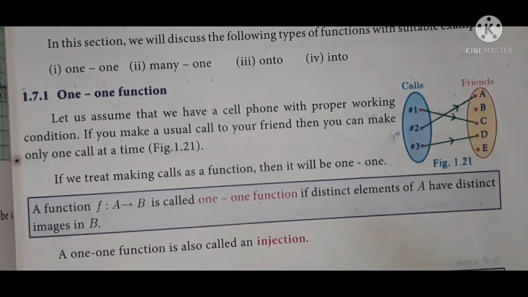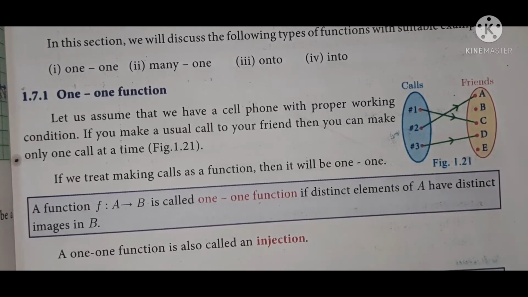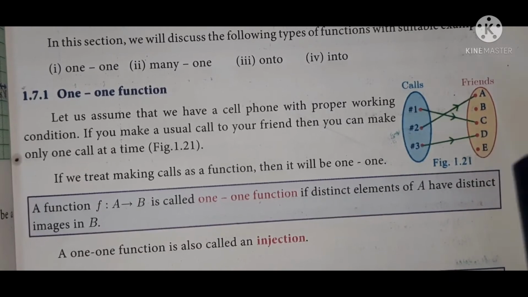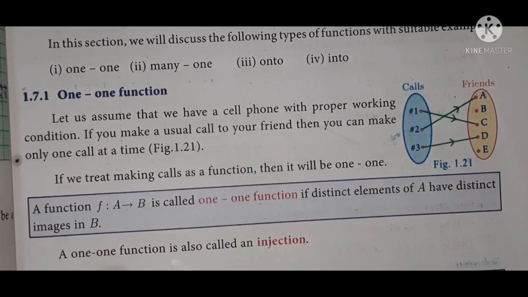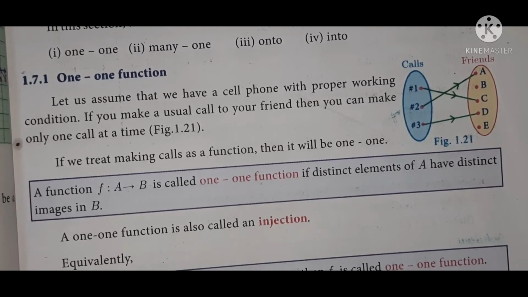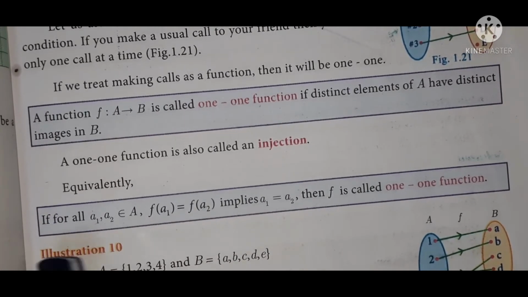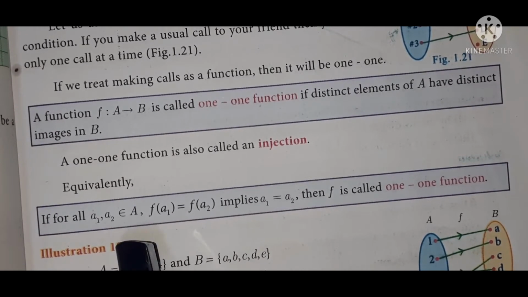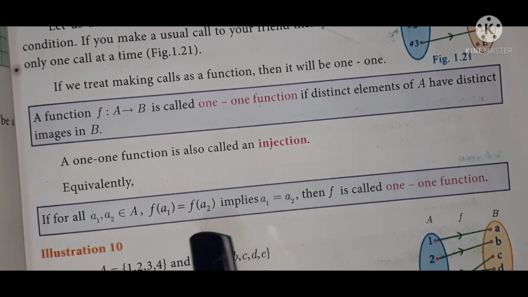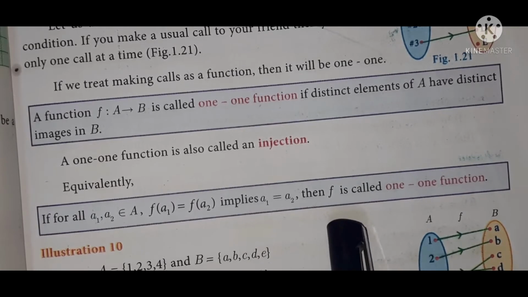In the second set, some of the elements have a pre-image in A. It is a one-to-one function. A one-to-one function is also called an injection. Simply said, if for all a1, a2 belonging to A, f of a1 equal to f of a2 implies a1 equals a2, then f is called a one-one function.